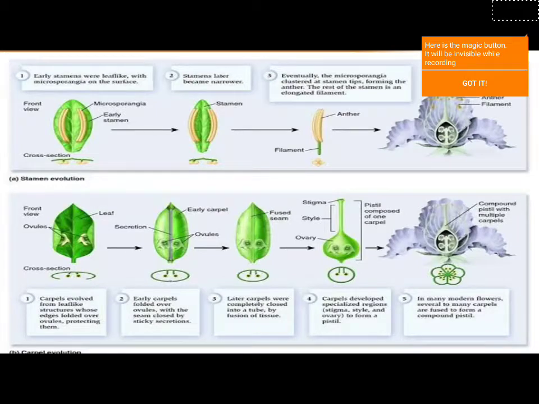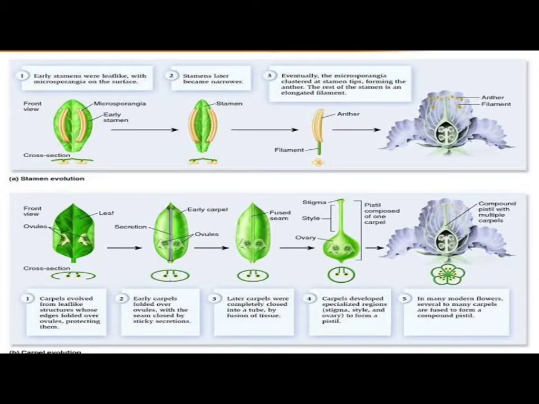Now, as I told you already in the previous slide, the microsporophylls produce microspores because they hold microsporangia, which we called sori in pteridophytes, and megasporophylls will hold megasporangia, which produce megaspores.